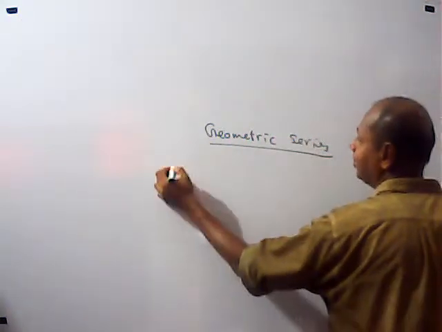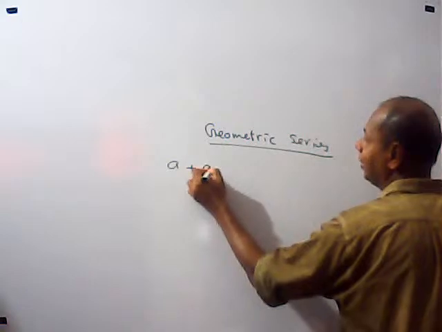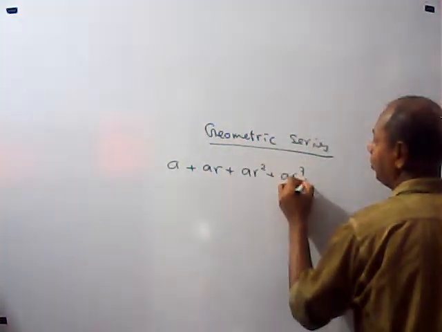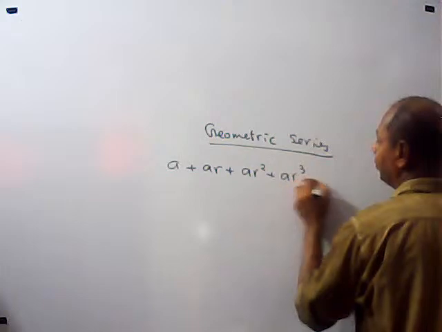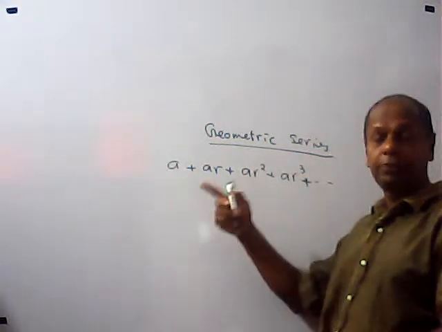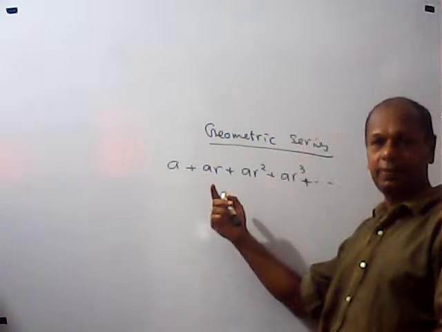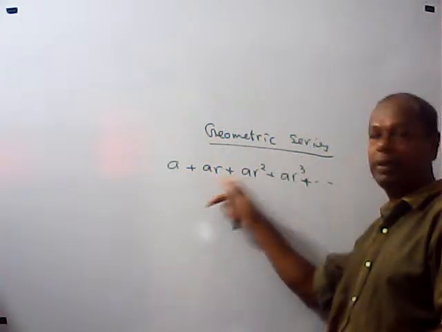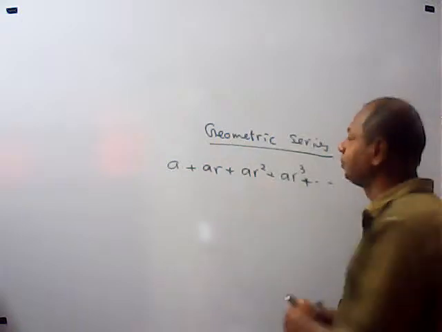Geometric series is a series of this form: a plus ar plus ar square plus ar cube and so on. Here, for the previous one, we had a common difference. Here we have a common ratio.